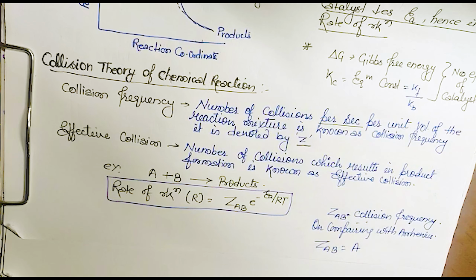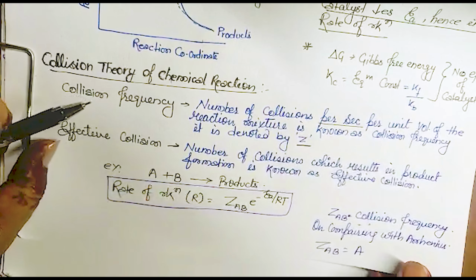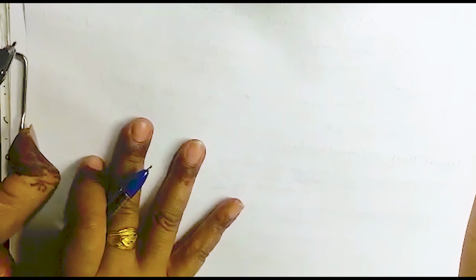Now one more thing. In class 12th, in organic chemistry, you have done the SN2 mechanism, isn't it? In that SN2 mechanism, we know that the nucleophile reacts from the back.